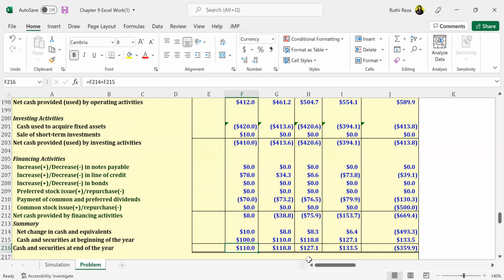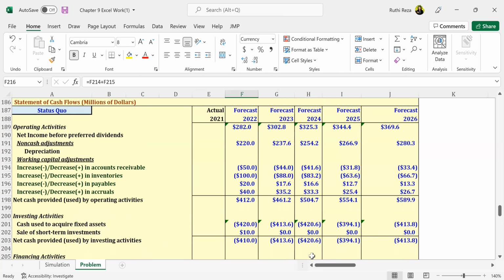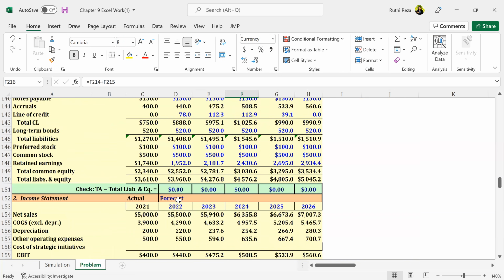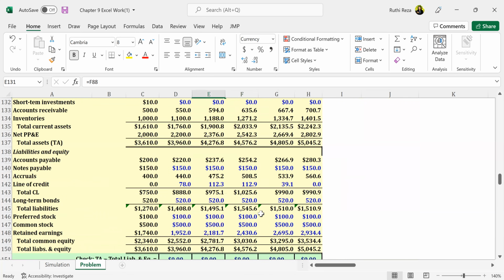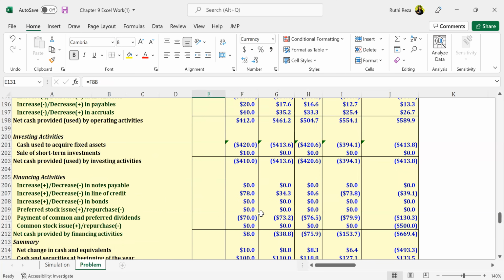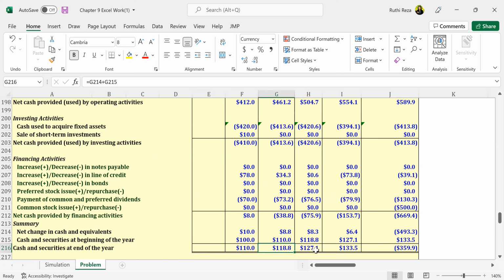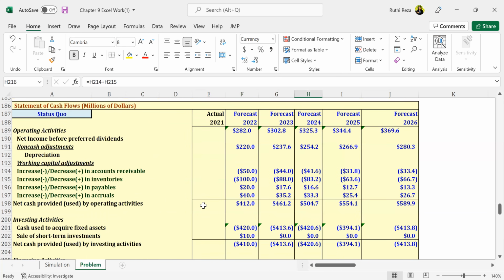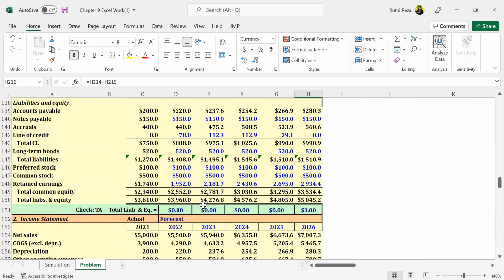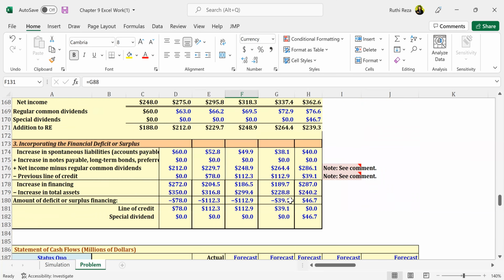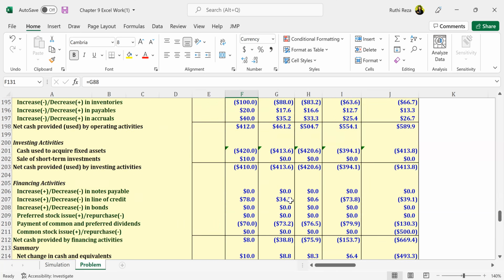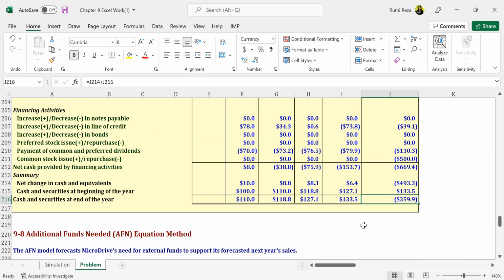So let us now match 110. So you can see here, your cash balance is 110 in the current year, in the year 2022. Next year, 118.8. So 118.8, you can see. Then 127.1. Then 133.5. But we have problems somewhere here. So let us find it out.